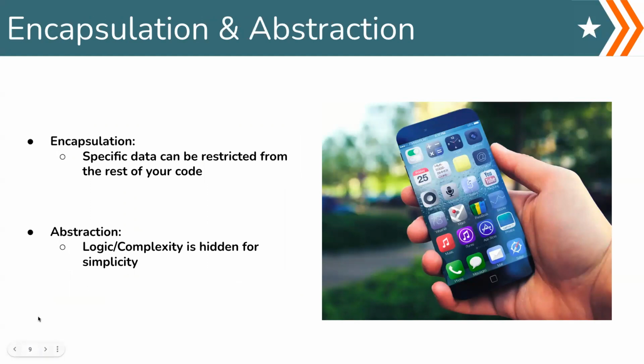All right, so encapsulation and abstraction. Encapsulation basically just means that specific data can be restricted from the rest of your code. So let's say, again, we have our example that we have our Apple ID, or we have our iPhone. Well, I want to change my email that's registered to my Apple ID. In order to do that, I can't just grab my email and tell it this is what the new email is and save it.